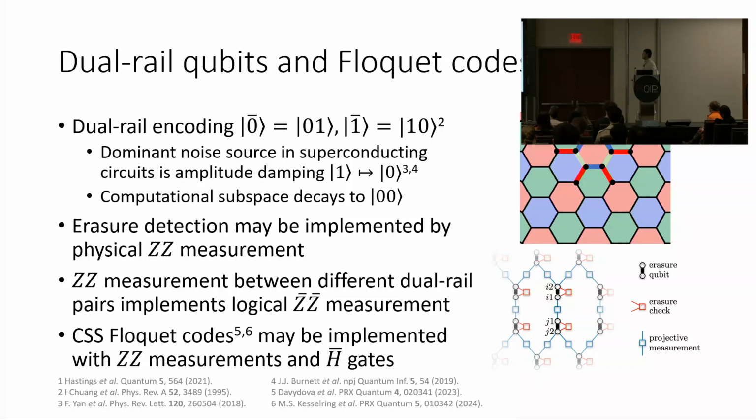One candidate is the Floquet codes. In particular, CSS Floquet codes, in the dual rail encoding, can be implemented with just physical ZZ measurements, which could serve both as the erasure check and as the parity measurement at the logical level, as well as if we have access to a Hadamard gate within the dual rail subspace. So we just need to measure XX and ZZ operators.